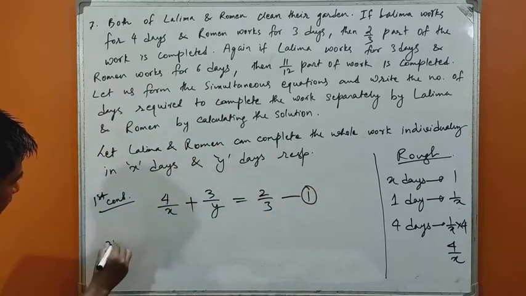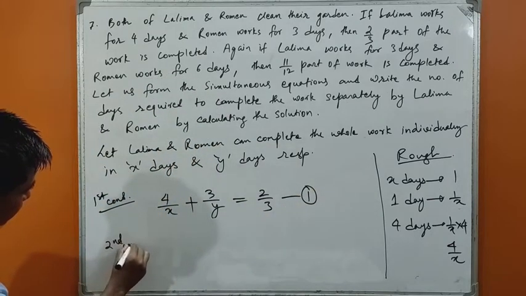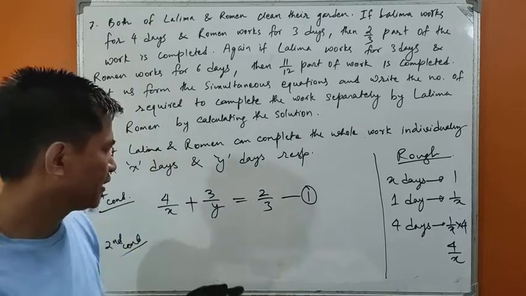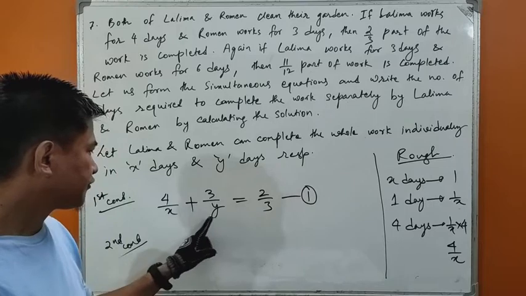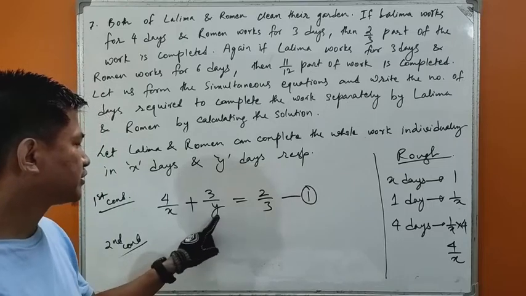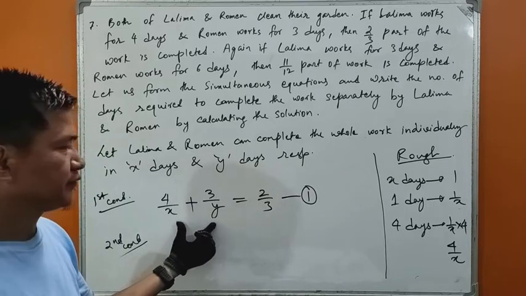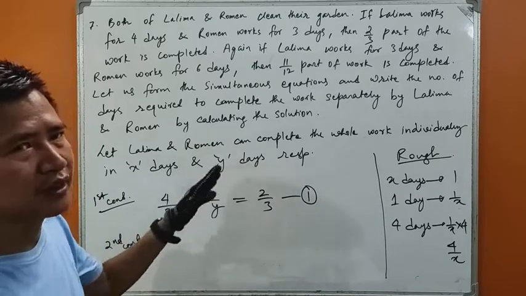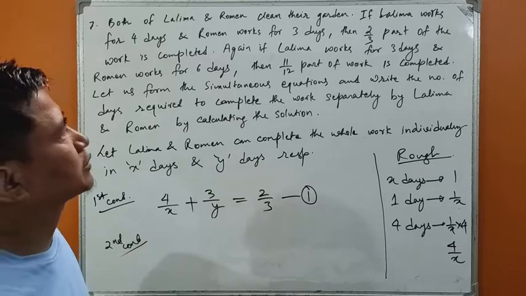So second condition, are you getting me? If there is variable number in the denominators, we don't take the LCM. Okay, we just make the numerators equal and eliminate that x or y, whichever you want to eliminate.